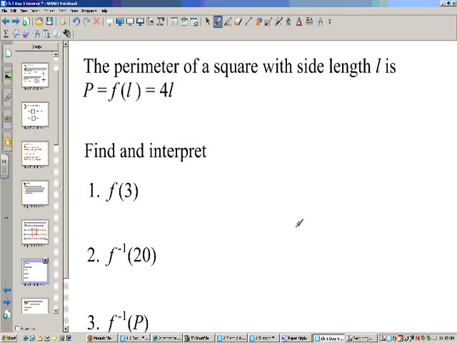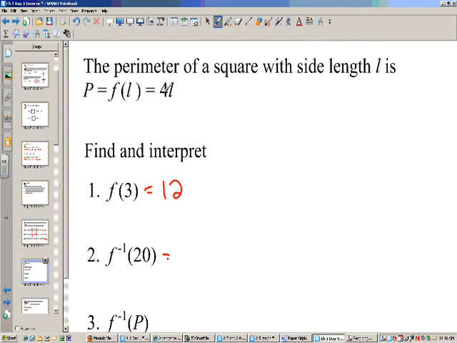All right, if we wanted to find the perimeter of a square, we would take P equals 4L, 4 times the length. Now if I put in f of 3, that answer would be 4 times 3, which is 12. What that means is if one side length is 3, the perimeter is 12. F inverse of 20 tells us if the perimeter is 20, what is the side length?